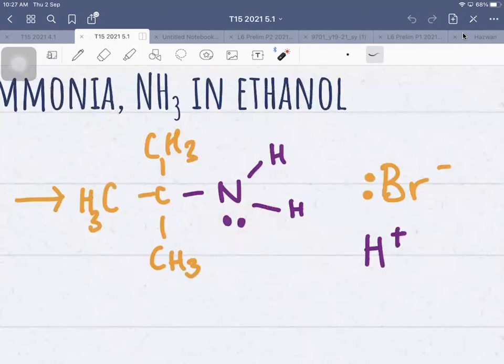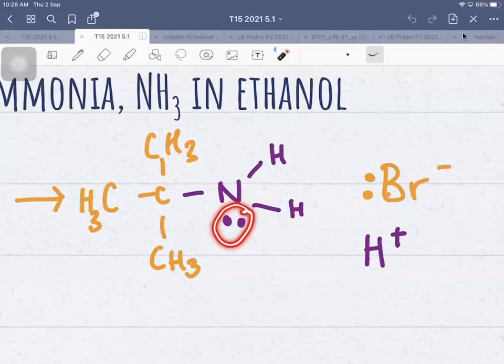So this being said, the lone pair on the product, which is an amine in this case, can act as a nucleophile and attack a molecule of halogenoalkane.